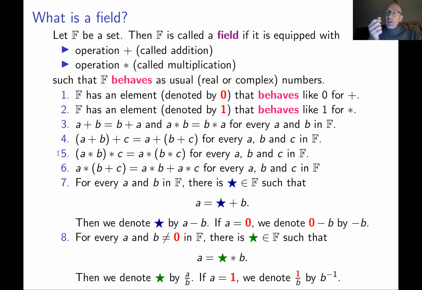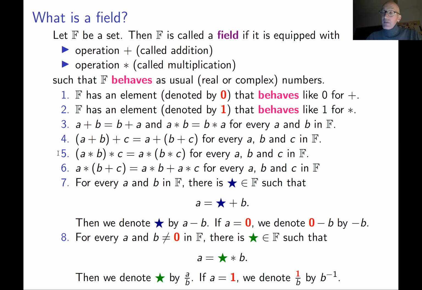Then we should have a rule which links together addition and multiplication. This is rule number 6. A times (b plus c) is a times b plus a times c. Sometimes it's called the distributive law, distributive property. We already met this also when we multiply and add matrices.